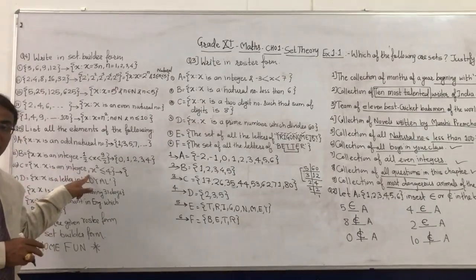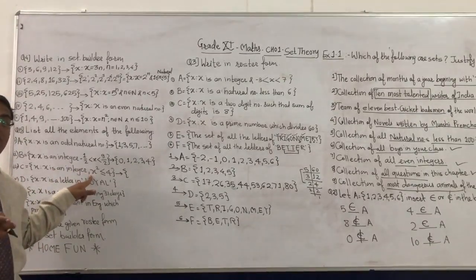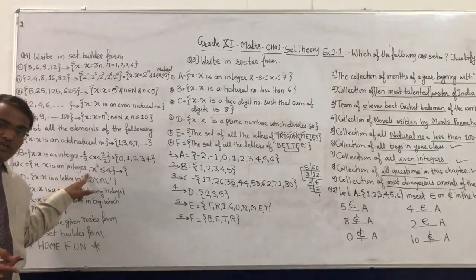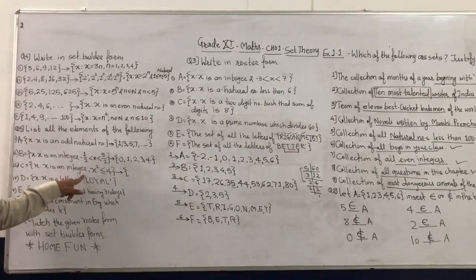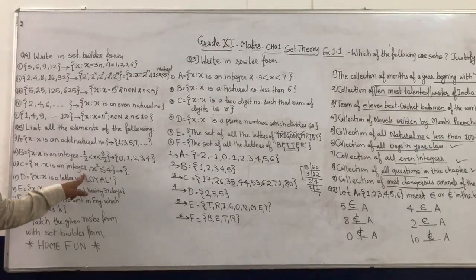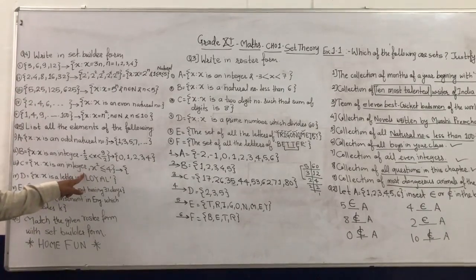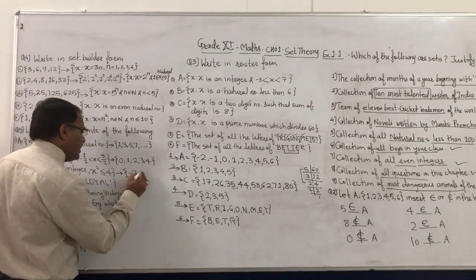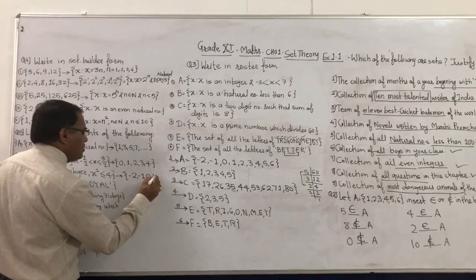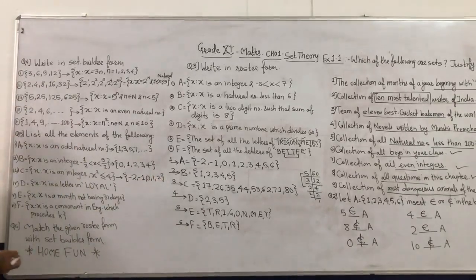Negative numbers will also come, because minus 1 square is 1, which is less than 4. Minus 2 will also come because minus 2 square is 4, which is equal to 4. Will minus 3 come? No, because minus 3 square is 9, and 3 square is also 9. So the numbers will be minus 2, minus 1, 0, 1 and 2.